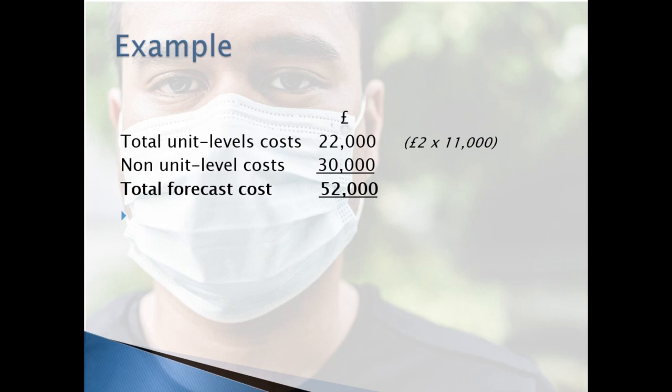So the non-unit level costs are still £30,000. The unit level costs we calculate as 11,000 units at £2 each, £22,000. So we've now forecast that our expenditure next month will be £52,000. And that's answered our question.